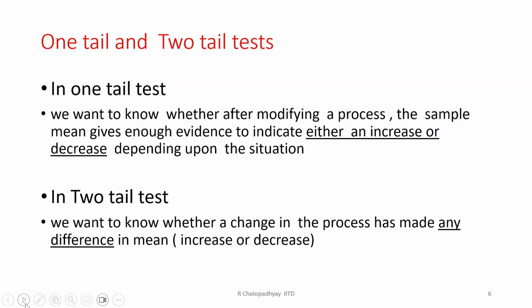We want to include both increase and decrease. Both are included in the two-tailed test, that is, whether a change has happened or not. In the other case, in the one-tailed test, it will be whether a certain parameter has really increased, or whether that parameter has decreased.